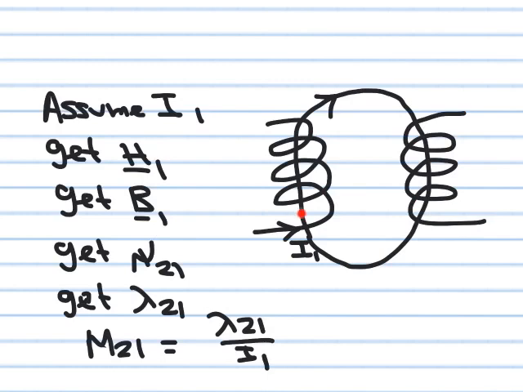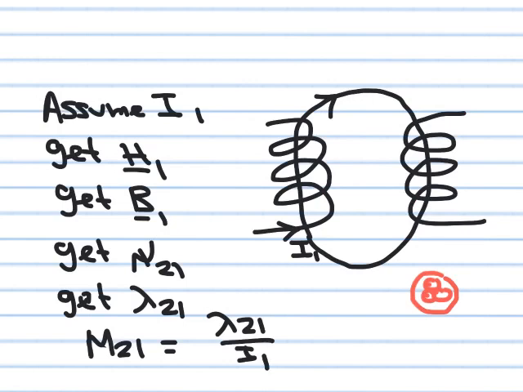Now, this flux that's created by this current I1 links to the second loop. You can see it goes through the cross-section area of this loop. If the cross-section of the second loop is circular, as I draw it, then the magnetic field resulting from the first coil is going through that circle, the cross-sectional area of the second coil.